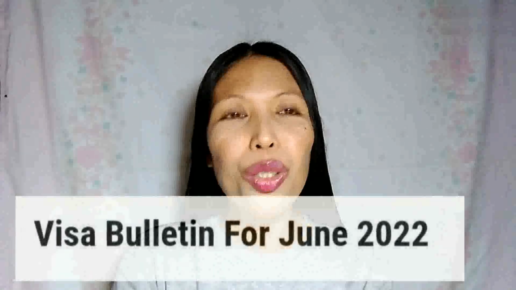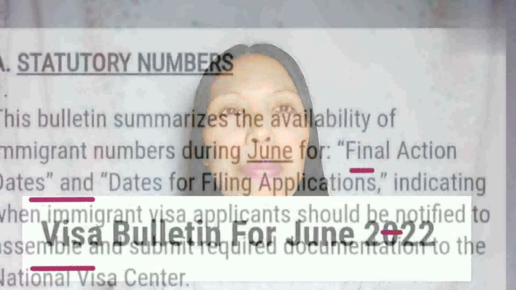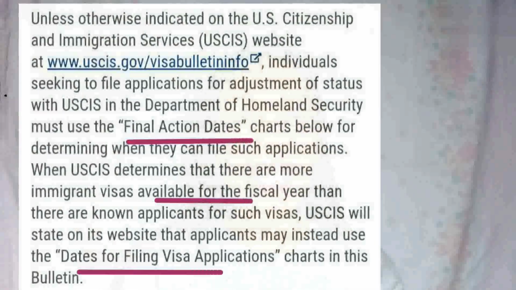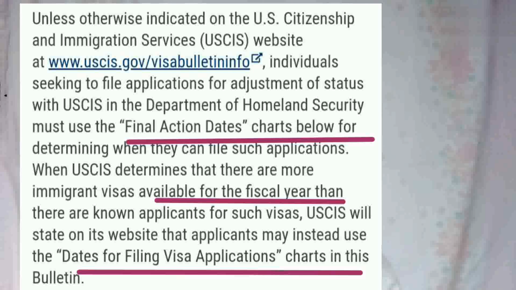Visa Bulletin for June 2022. Statutory numbers. This bulletin summarizes the availability of immigrant numbers during June for final action dates and dates for filing applications, indicating when immigrant visa applicants should be notified to assemble and submit required documentation to the National Visa Center, unless otherwise indicated on the U.S. Citizenship and Immigration Services or USCIS website at www.uscis.gov/visa-bulletin-info.